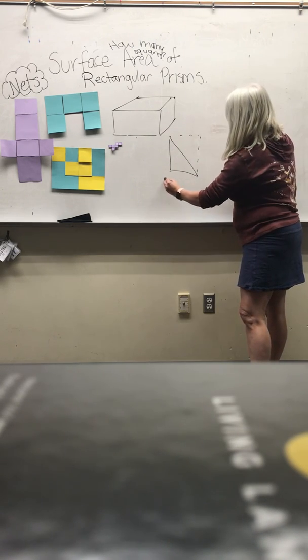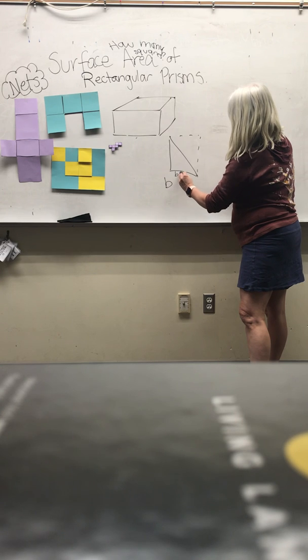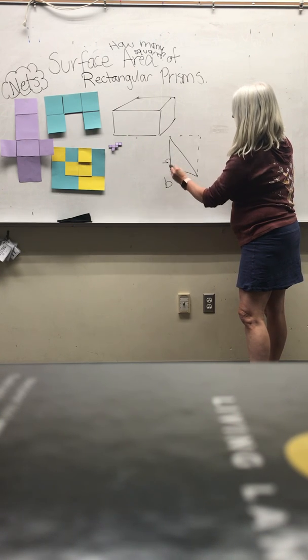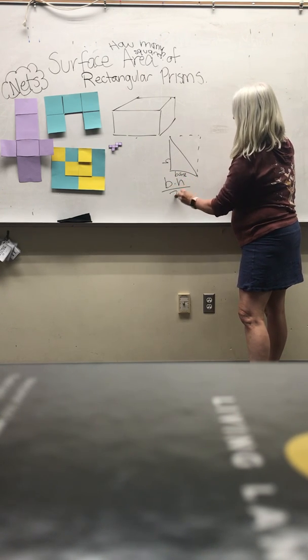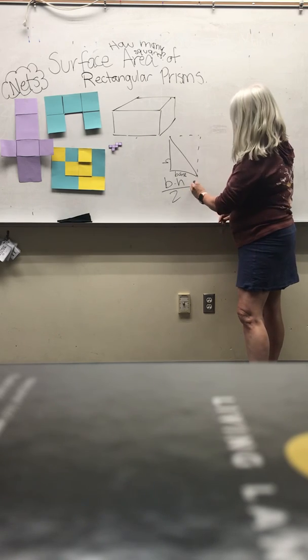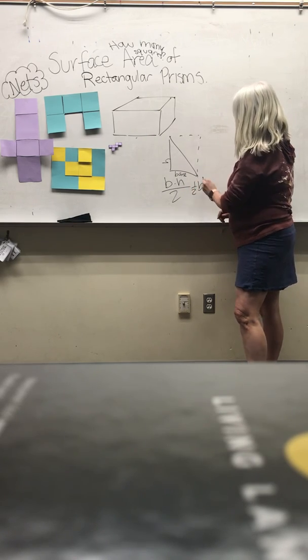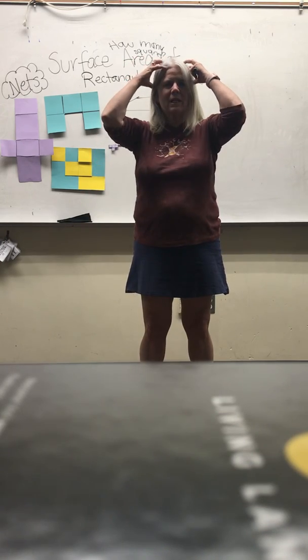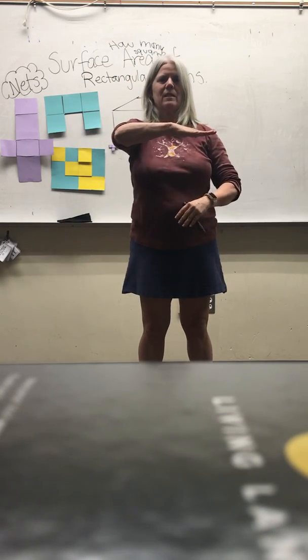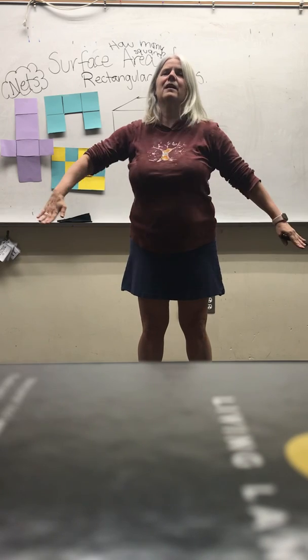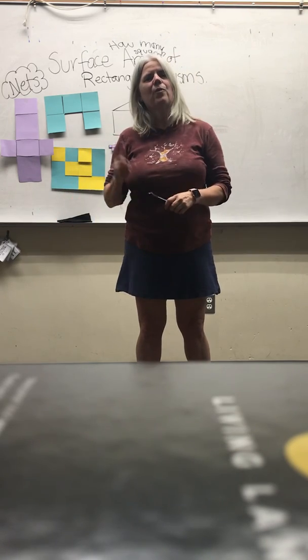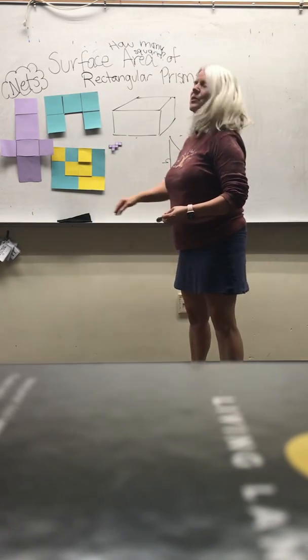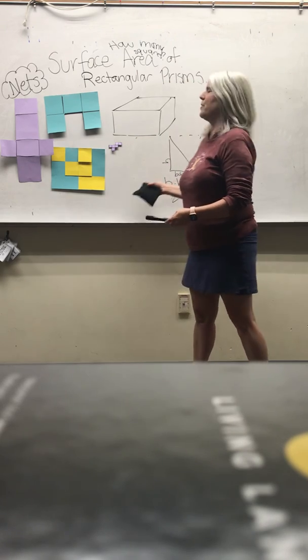So we learned to say the base times the height, and then to cut that in half. You can also write it half base height, and hopefully you remember the motion that we made to remember it, to get that into our brains. Base times height, cut in half. So that's the review. So we are still trying to figure out how many squares.